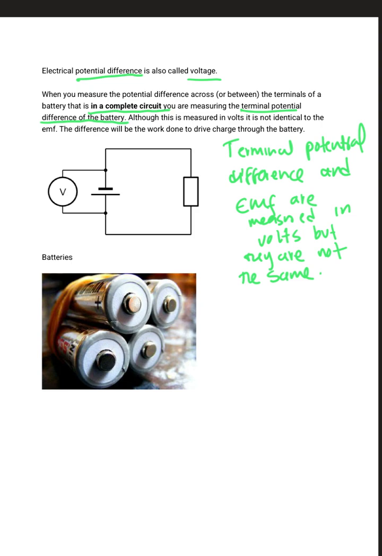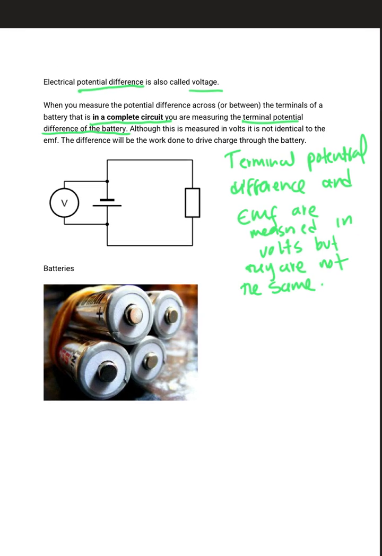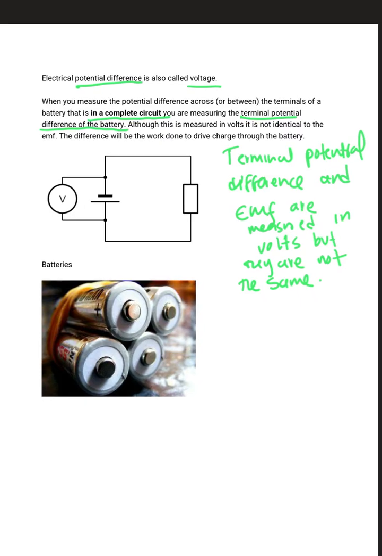So in this case, what are we measuring? We are measuring the terminal potential difference of the battery, because now the battery is connected to a circuit that is complete, right?